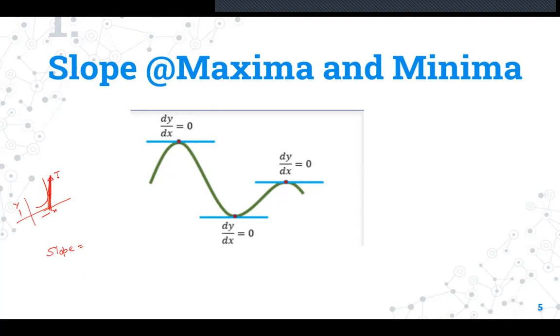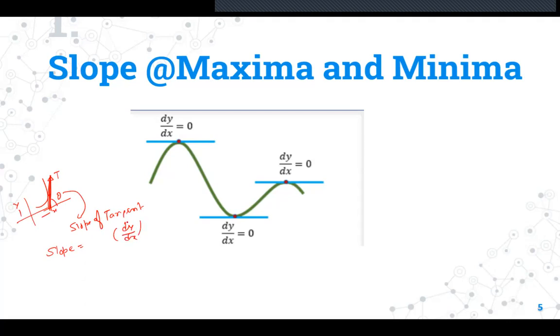Now this is a tangent over here, then this slope is the slope of tangent, and for a y and x graph, this will be dy by dx.